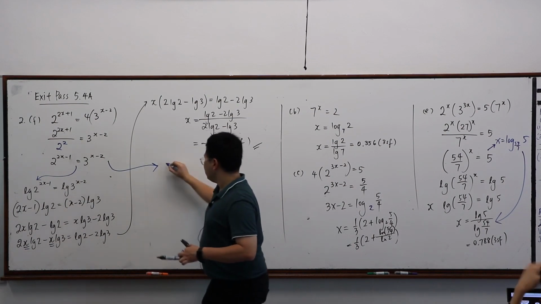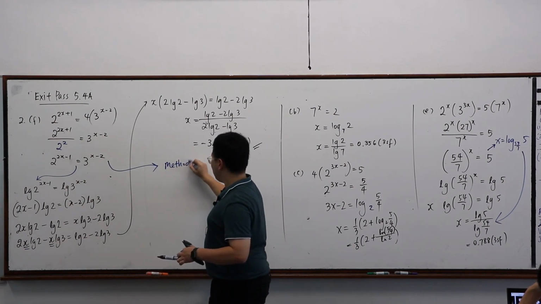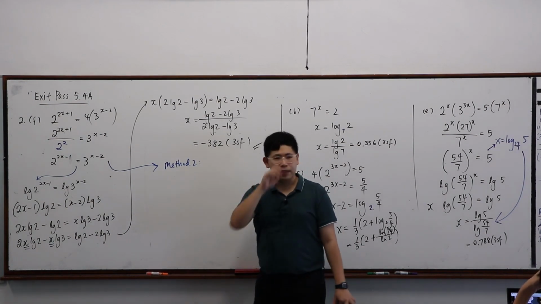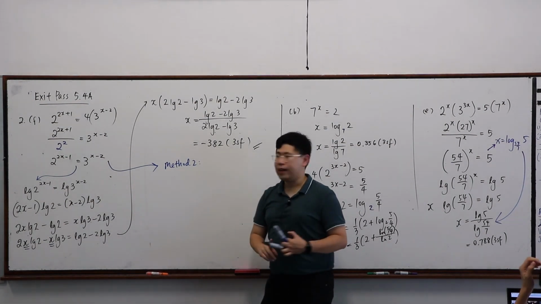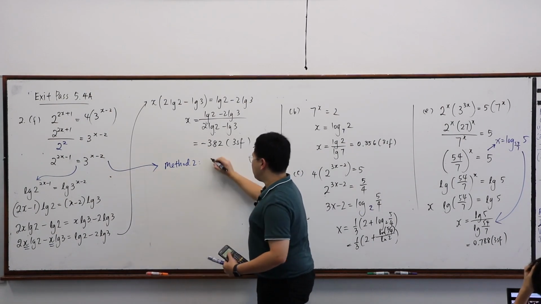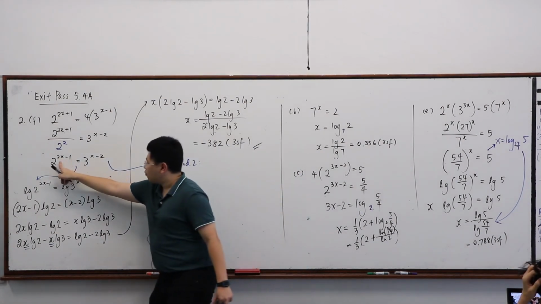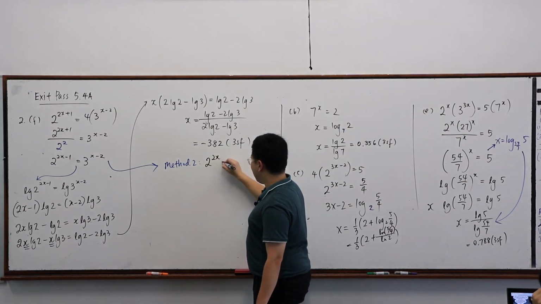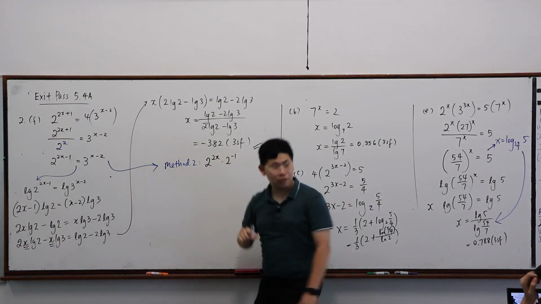Now, method 2, if you want to use the law of indices, it will make things a little bit easier. We break up and collect the x right away. So we have 2 to the power of 2x minus 1. I can write this as 2 to the power of 2x times 2 to the power of negative 1. Agree?